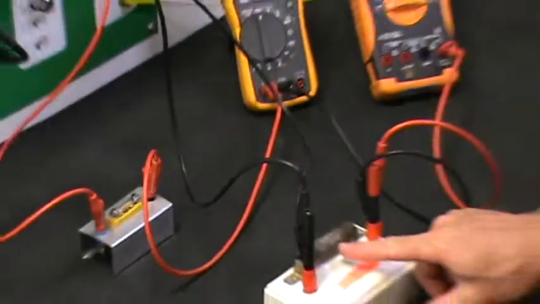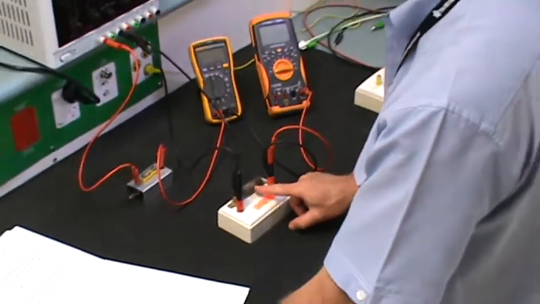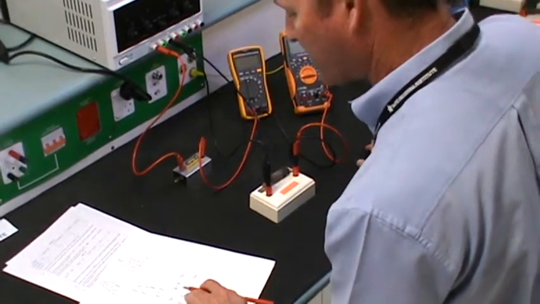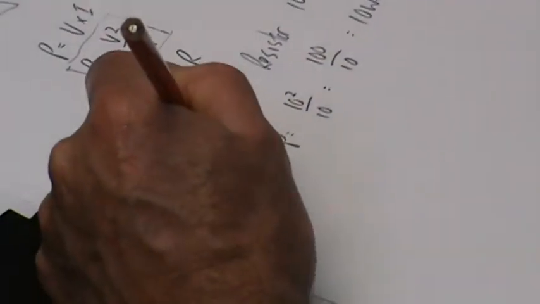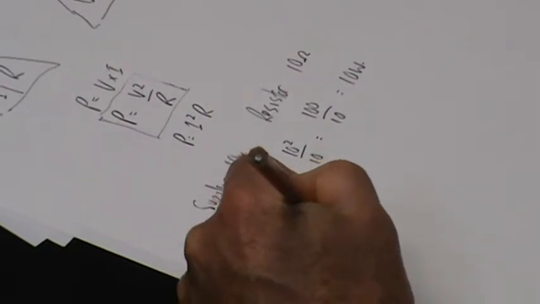So if I was to feed in 10 volts from this power supply, I'd expect to see a wattage of 10 watts. And that would be safe because this resistor is a 25 watt resistor. What would happen if I was to halve this voltage? So instead of having 10 volts as a supply, what would happen if I change the supply to 5 volts?